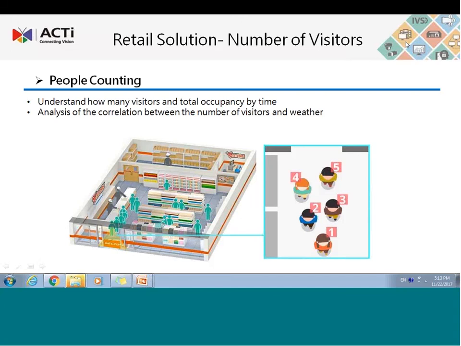We can also do further analysis of the correlation between the number of visitors and weather. Just knowing the visitors, you have no idea, but with correlation analysis, for example visitors and weather, you can predict the visitors based on the weather predictions every day. So this is the idea we would like to introduce for people counting solutions.